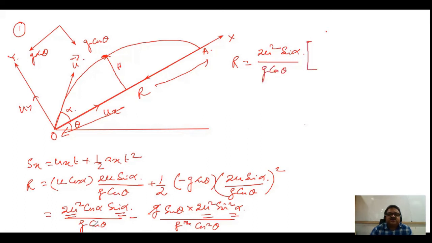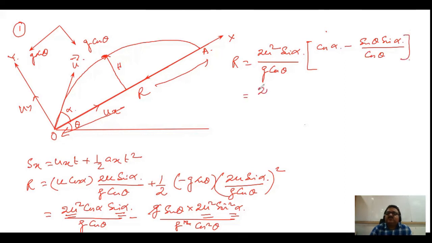If I take all these things common, look, 2u square sine alpha common, so the thing left is cos alpha only. By g cos theta common, minus, here it is, 2u square sine alpha common, so sine theta sine alpha whole divided by, I took cos theta common, so it will be cos theta again.